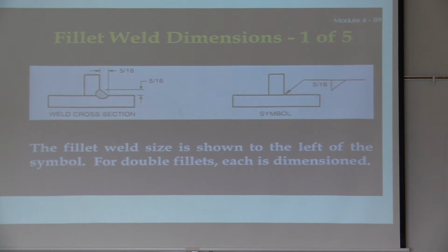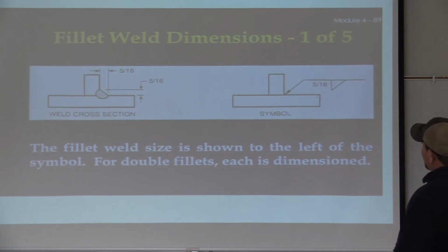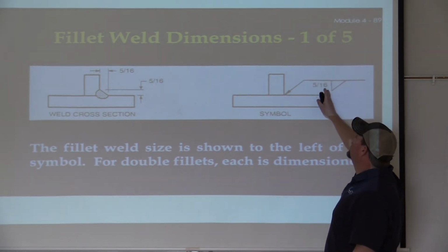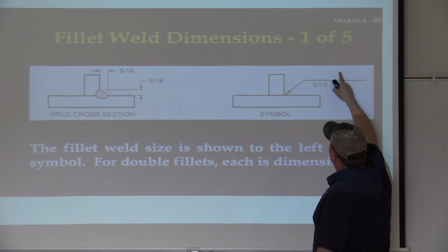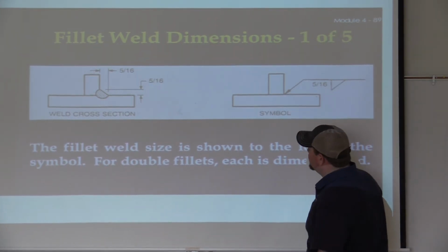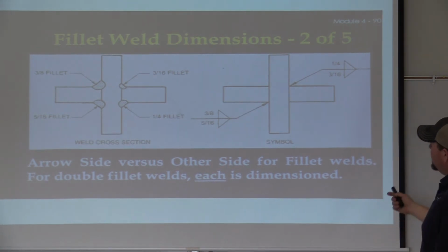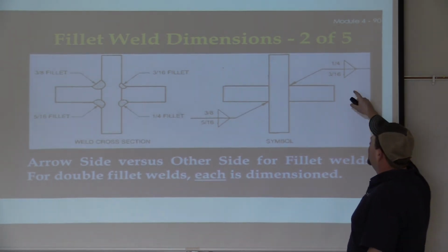All right, these ones start to give you the dimension naturally, toe to toe. We've had this conversation multiple times in the shop. Again, left perpendicular leg, arrow side, 5/16 of the weld, so it's on this one. If it were on the top side, we move this over to here. This is a good example, showing you specifically here.